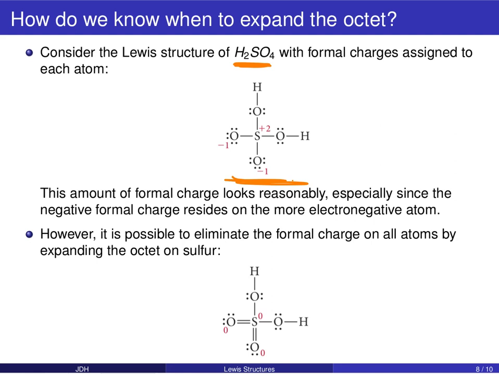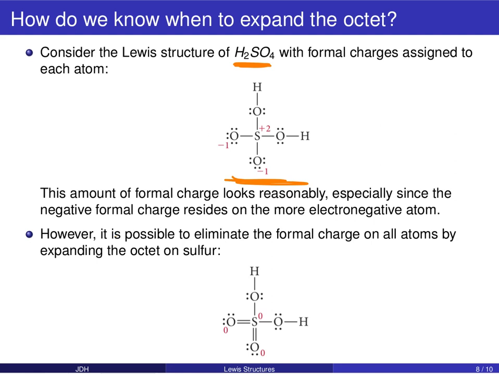When you are in a situation like this, you always want to ask yourself, wait a minute, is that central atom third row or below? If it is, then you want to ask yourself, can I expand the octet in order to reduce the formal charge?